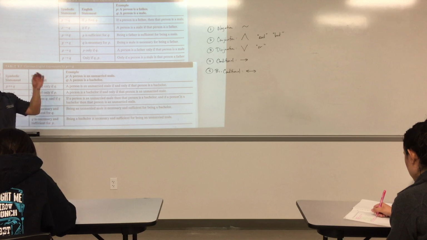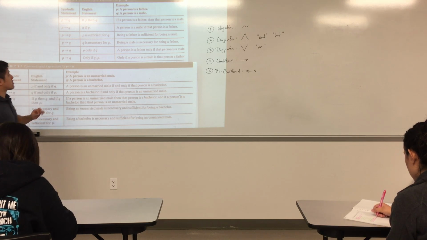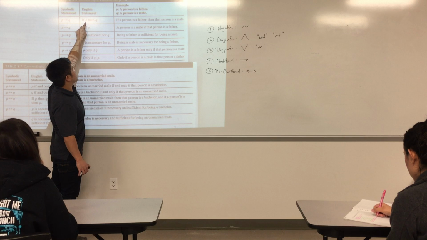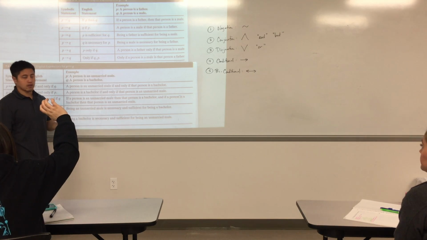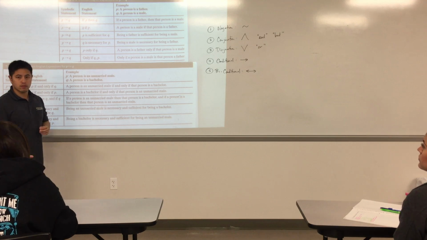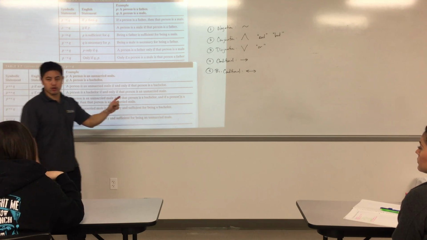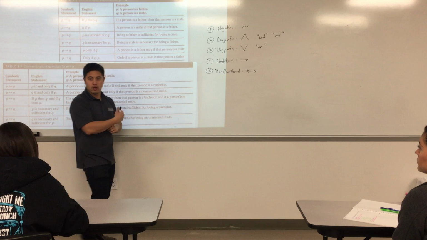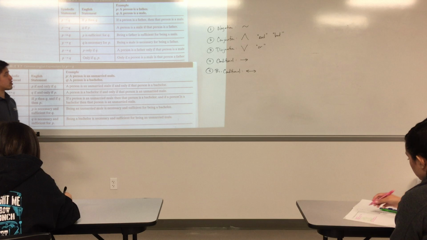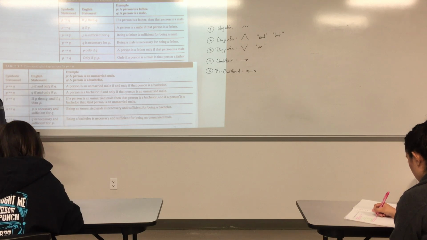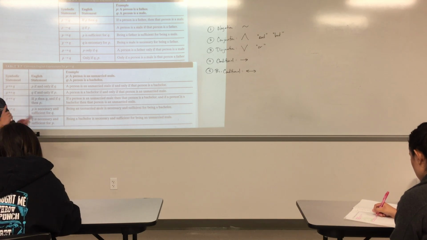Okay, your typical conditional statement will be something like, if something, then something else. Okay? Yes? On the conditional, does it only go one way? Always goes one way. You'll never see an arrow go the other way. Okay. So it's always going to read left to right. Does that make sense? And that's a great question. So the arrow is always going to go left to right. Biconditional, it will go both ways.